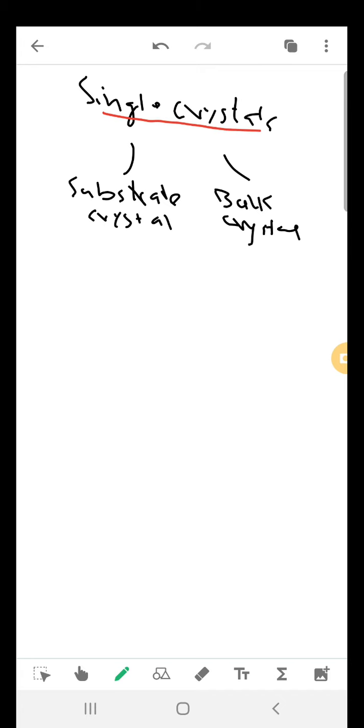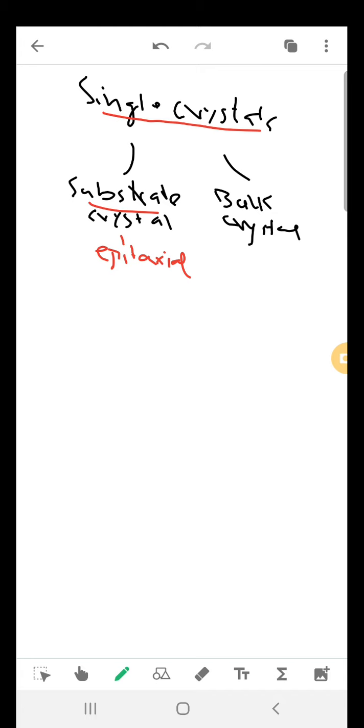From the name, the substrate crystal is formed when an epitaxial layer is grown on a substrate. That means you need to have a substrate, and there will be an epitaxial growth on it. This is a substrate crystal.